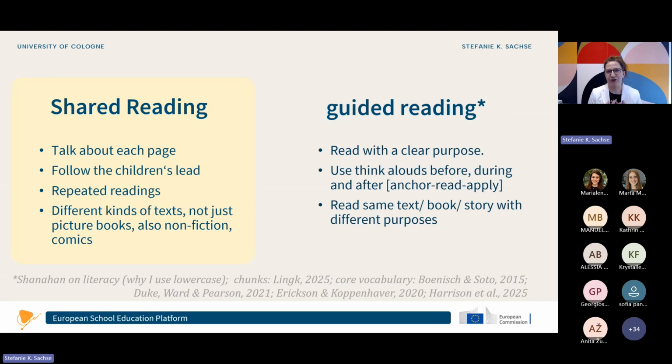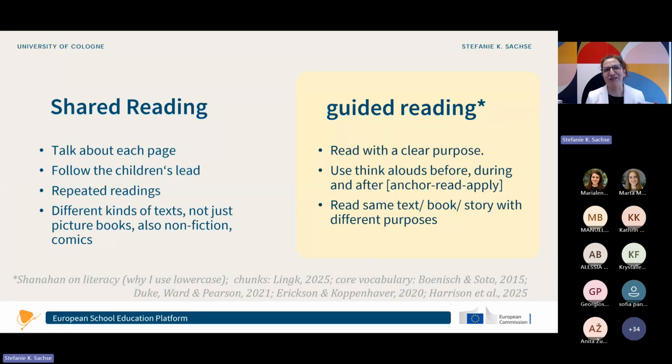So I, as the teacher, need to know beforehand whether today I want to do some shared reading activity or guided reading activity. When we do guided reading, we read with a really clear purpose. We say before we read what we want to focus on today. While we read, I might refer back to that.